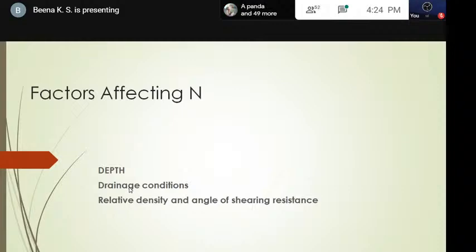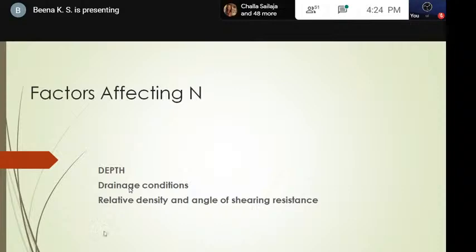The observed N value will be affected by this effective stress, because it's mainly a drop hammer, a sudden impact we are applying to the soil, and because of that, the pore water pressure changes. This change in the pore water pressure, creating an undrained condition, may definitely change the shear strength of the soil. So such N value obtained will be more. So we have to think in terms of effective stress.